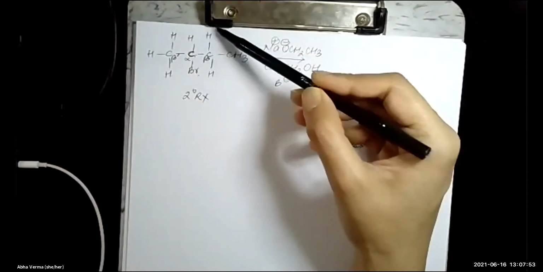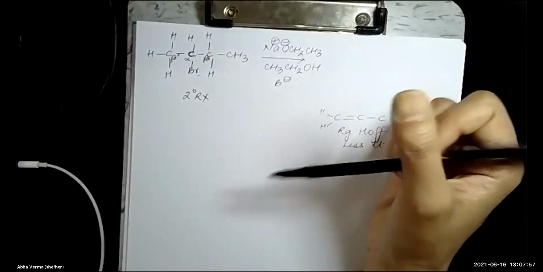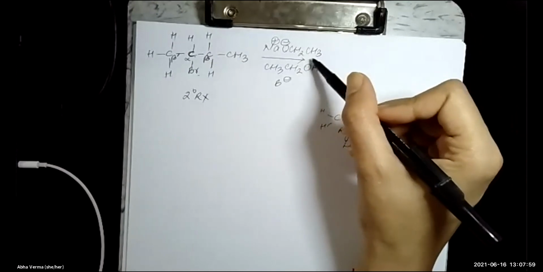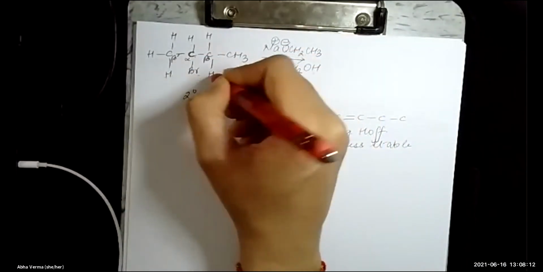Out of these 2 hydrogens only, my base will be abstracting out the hydrogen. So remember, this is not a bulky base. This is a simple sized, regular sized base. So following E2 mechanism, the base will abstract out a hydrogen.